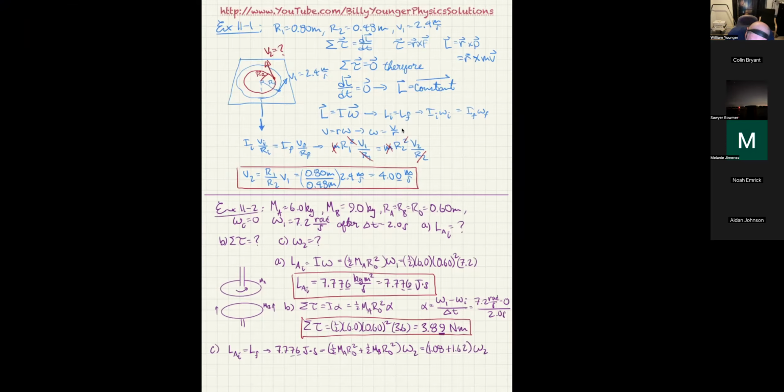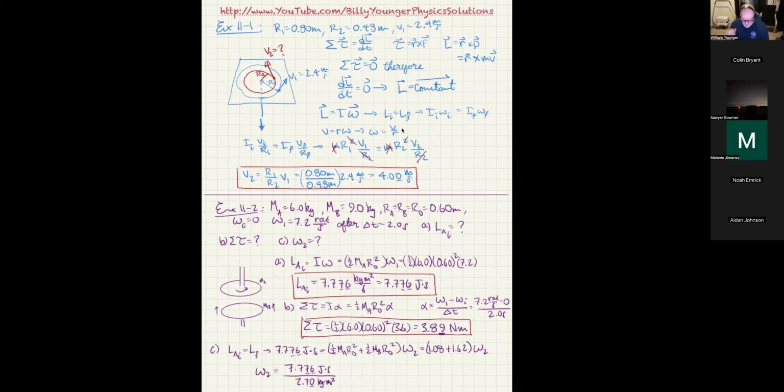All right, so all this means that omega 2 is equal to 7.776 joule seconds divided by 1.08 plus 1.62, which gives me 2.70, and that's kilograms meters squared.